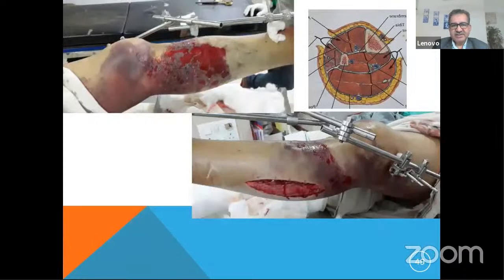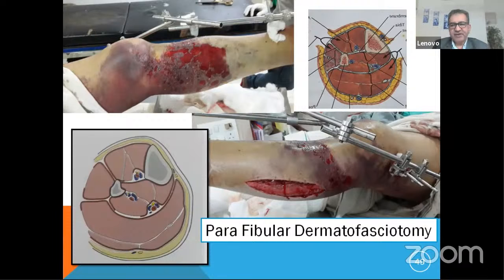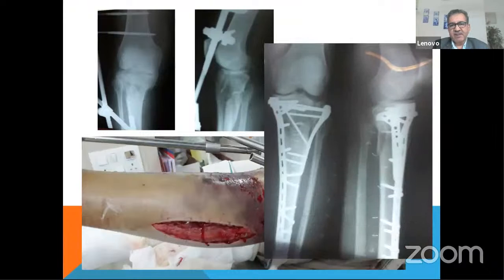But in this case, you can go through just one approach, that's the parafibular dermatofasciotomy, and just go a little posterior to the fibula, and you can release all the 4 compartments and just leave the skin like that. And after a few days, if you feel, you can do a skin graft. And this is what was done.